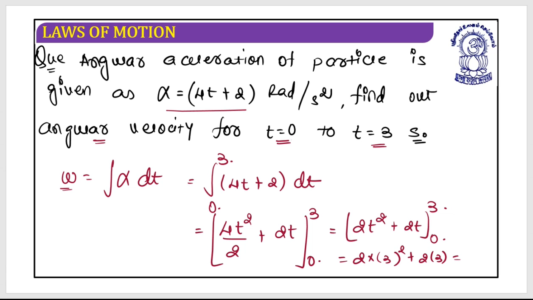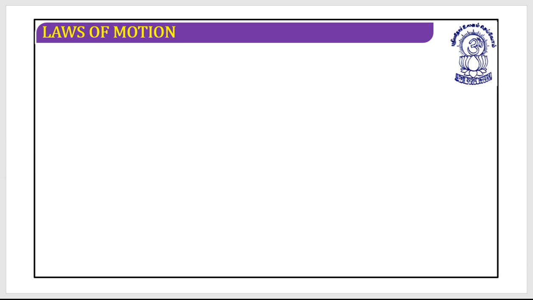This is 2 nines are 18 plus 6, which should be 24 radian per second. I hope these things are clear. Is it clear? So can you do this? Yes. Great. Let's look at the next question.